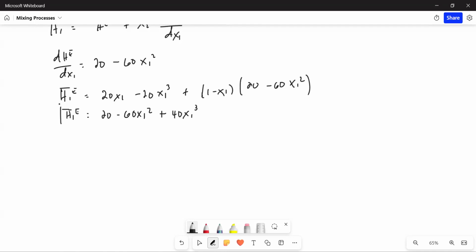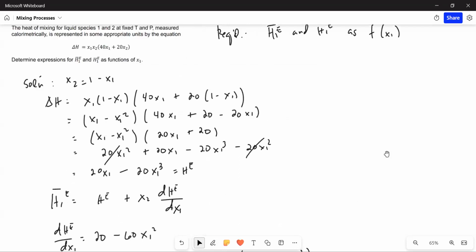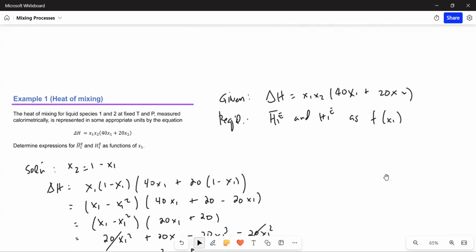Next, we're being asked for H2E as a function of x sub 1.